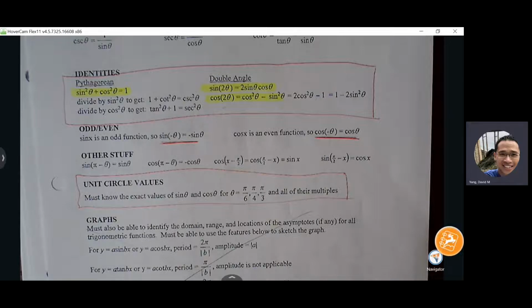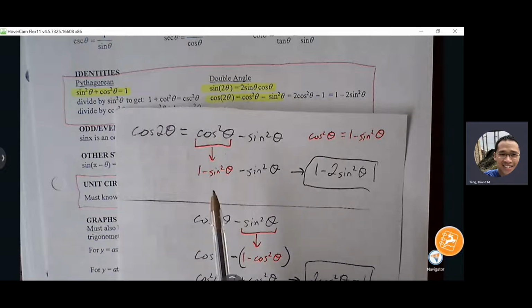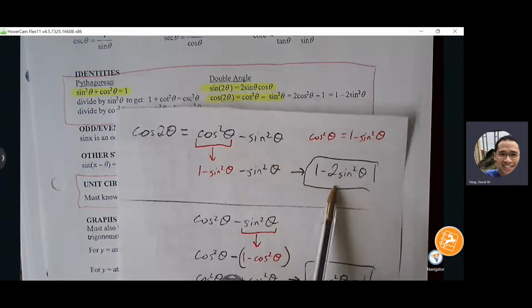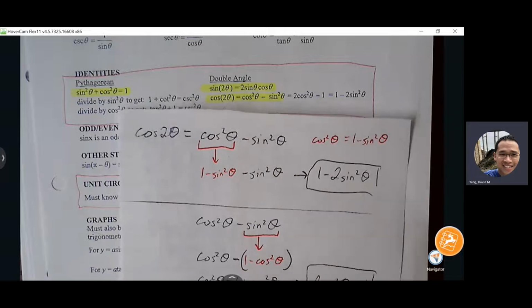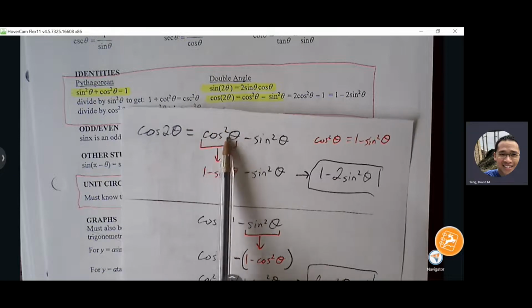So this is what I mean by that. Let's say we only knew cosine squared minus sine squared, which is fine. If I can get everything in terms of sine or everything in terms of cosine, then one of the other identity possibilities begins to show up. So if I start off with cosine squared minus sine squared, I can replace cosine squared in terms of sine, right?